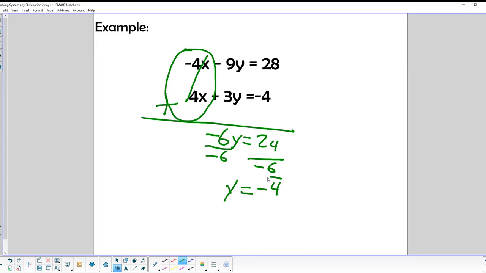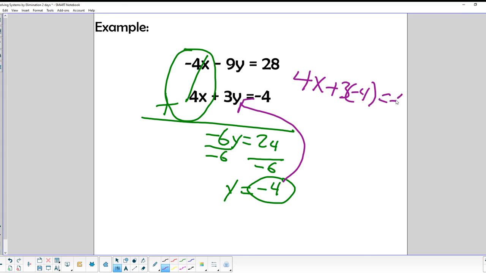All right, I'm going to take the negative 4, take it back up, and I'm going to put it in for this y value right here. So I will then have 4x plus 3 times negative 4 equals negative 4, or 4x minus 12 equals negative 4.